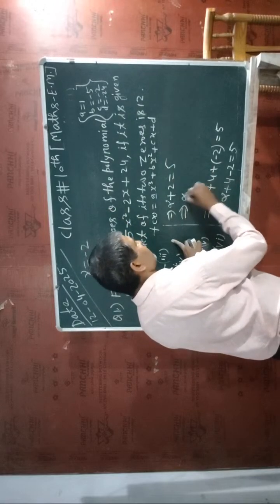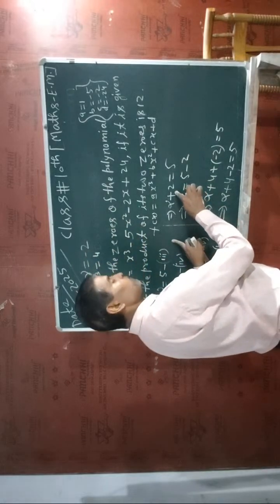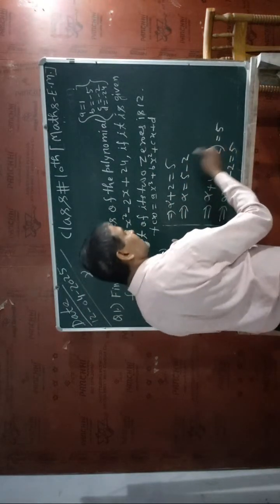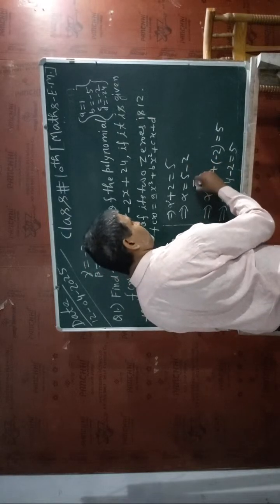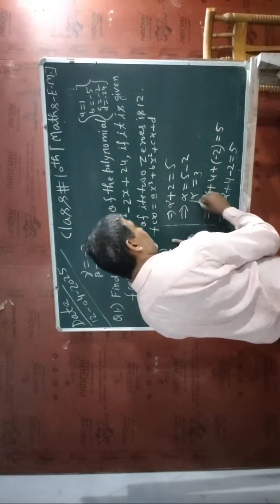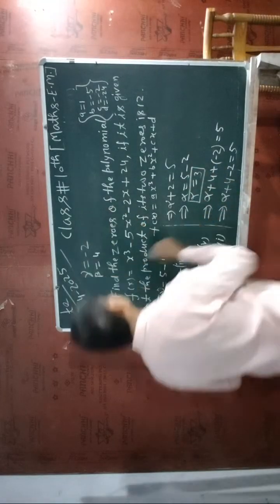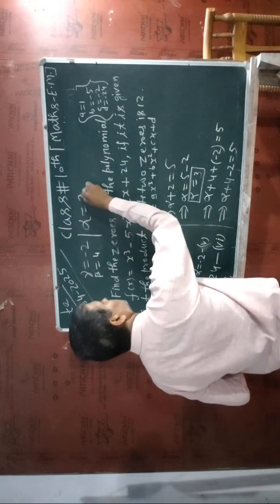This implies alpha is equal to 5 minus 2, because here 2 has plus sign, it will go to the right-hand side with a minus sign, so we subtract 5 minus 2, that will be 3. It means that alpha is equal to 3.